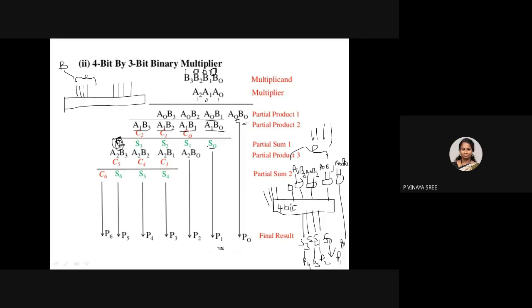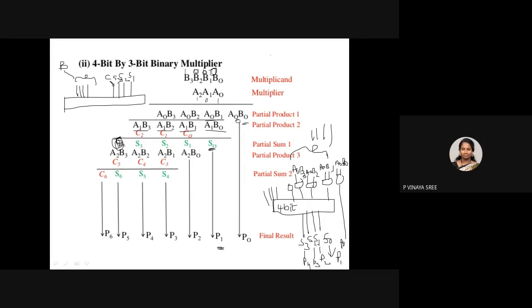A is the output from this. S0 is already given to P1. So the remaining will be S1, S2, S3, and this one is 0, but you should not mention it as 0. It should be given as carry. Good.